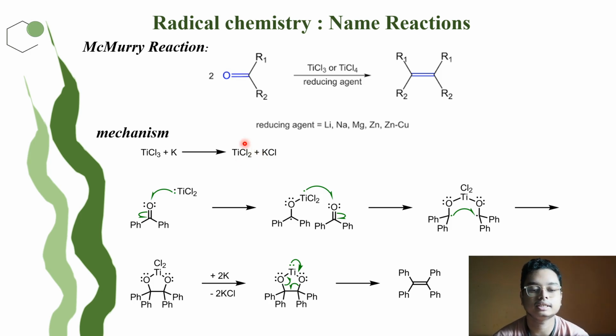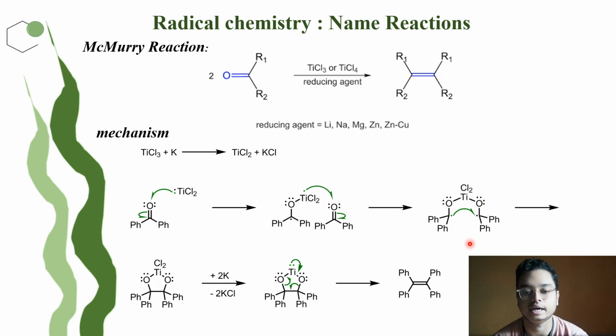So what happens is that this titanium dichloride has electrons, and one electron goes via the SET mechanism, or single electron transfer mechanism, to the carbonyl compound to generate this type of radical, and the other electron goes to another carbonyl compound to generate this type of radical.